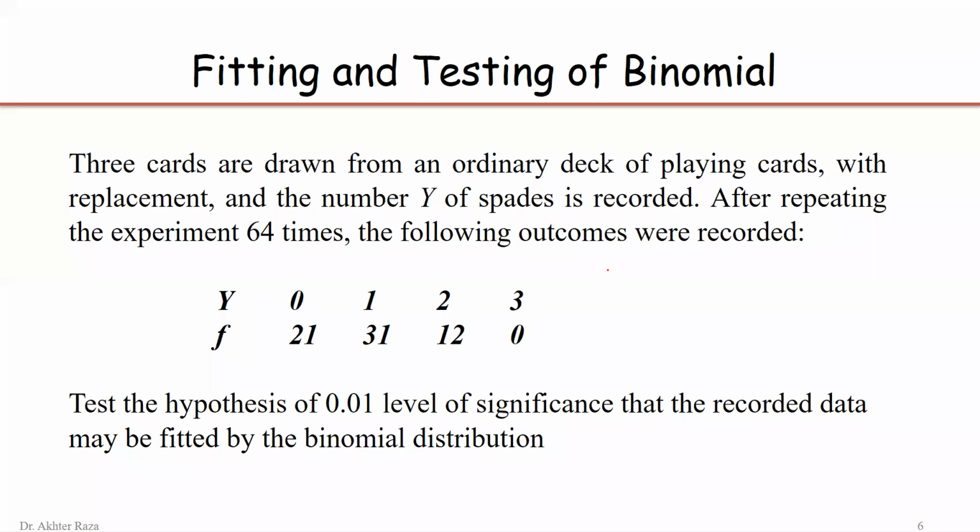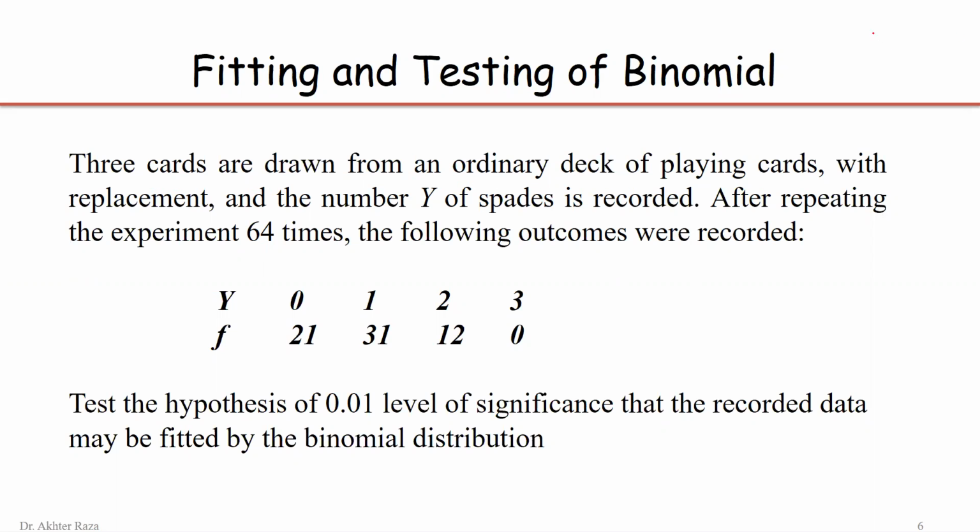Another example of goodness of fit is the data of playing cards we have. After repeating the experiment 64 times, the following outcomes occurred. 3 cards are drawn from an ordinary deck.